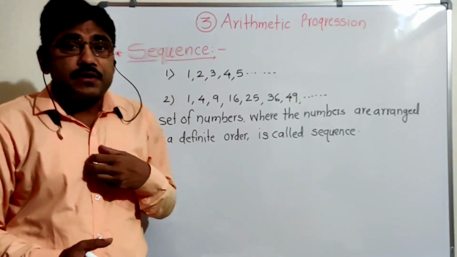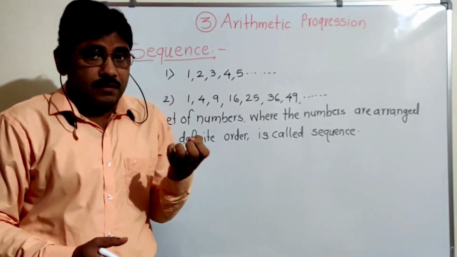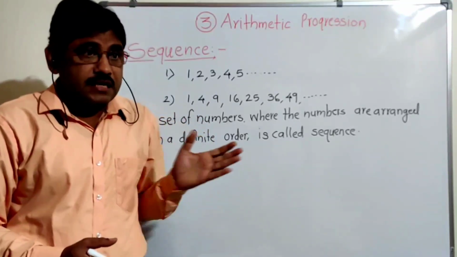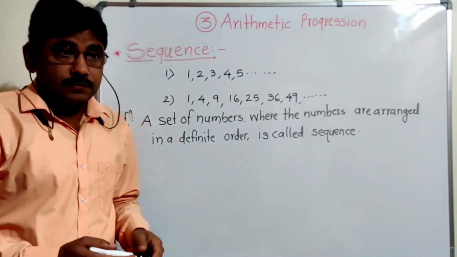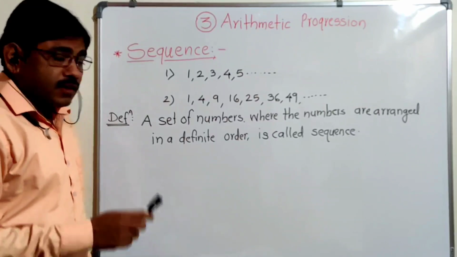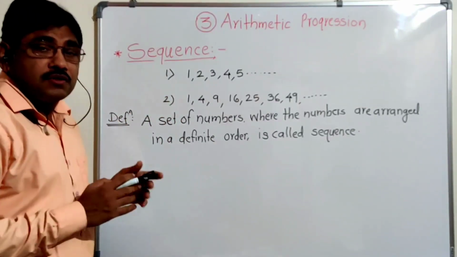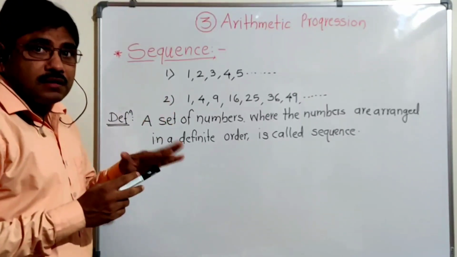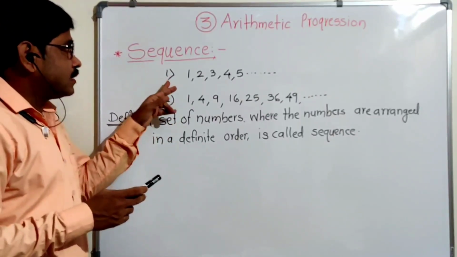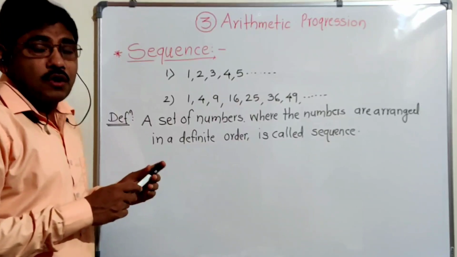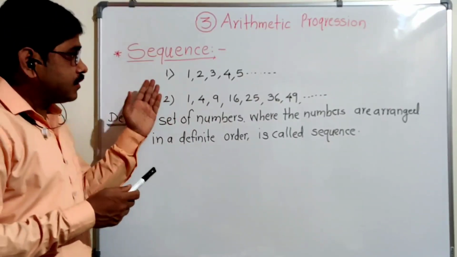Many times we use this word in our language, sequence. Arrange this in a sequence, do this in a sequence. So that word is similar to this one. Here some series of numbers are given.